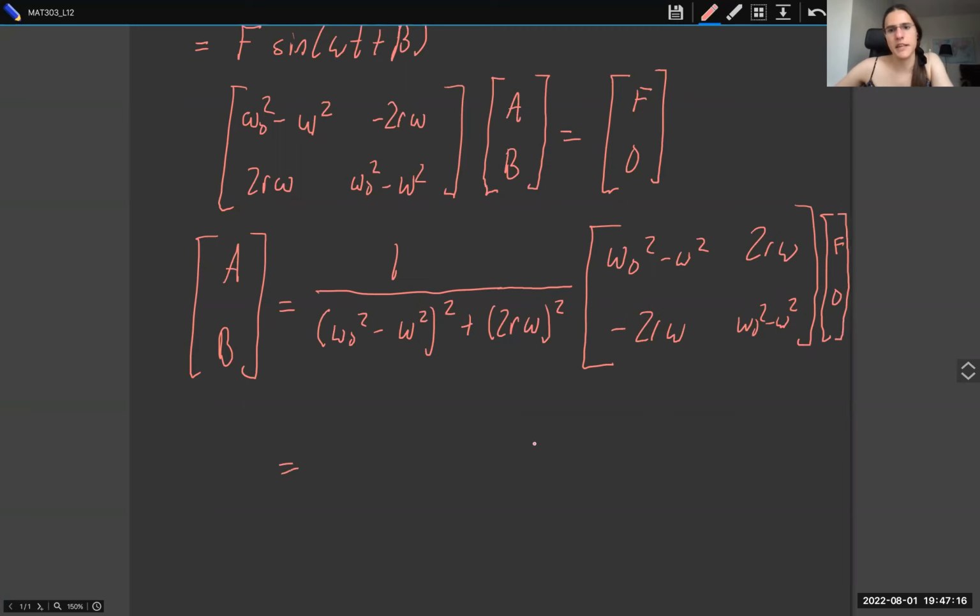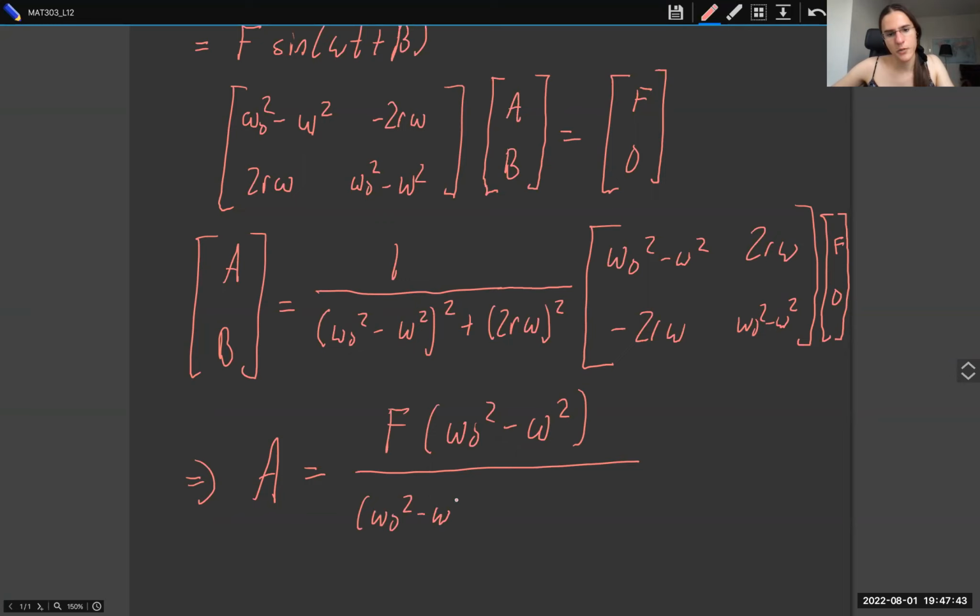So what happens is it's just this column that's picked out. So that tells us that A is equal to F times omega naught squared minus omega squared, divided by omega naught squared minus omega squared plus 2r omega squared.